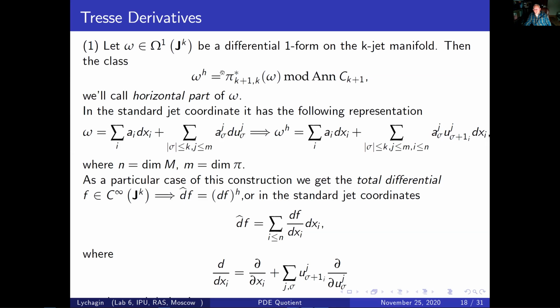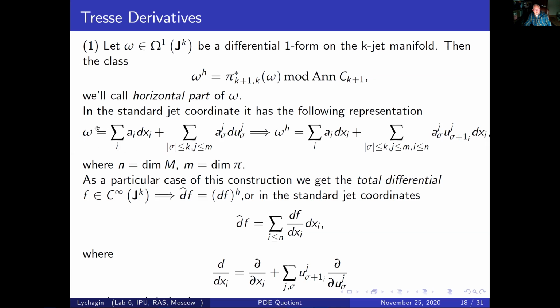So we get not a differential form, but some class on k plus 1 jets. Let's call this the horizontal part of omega.